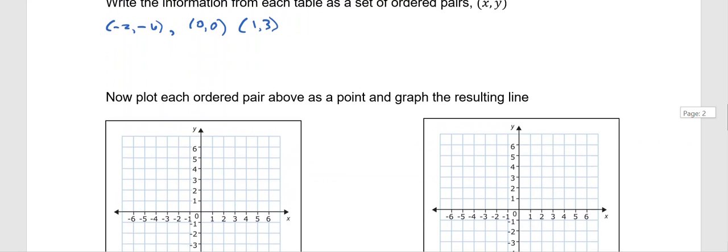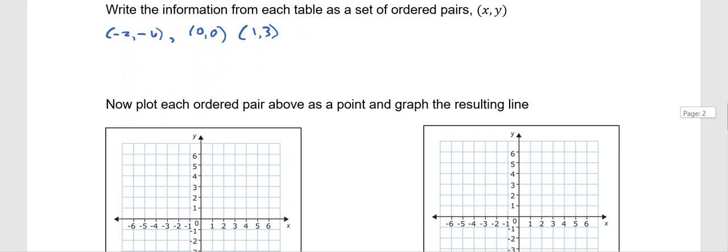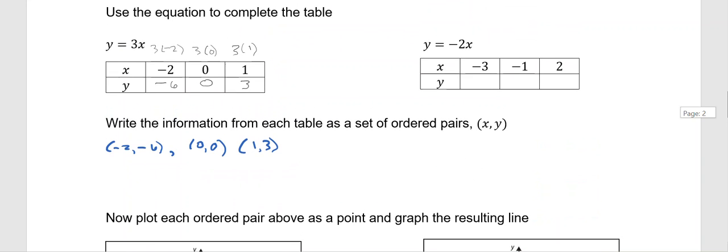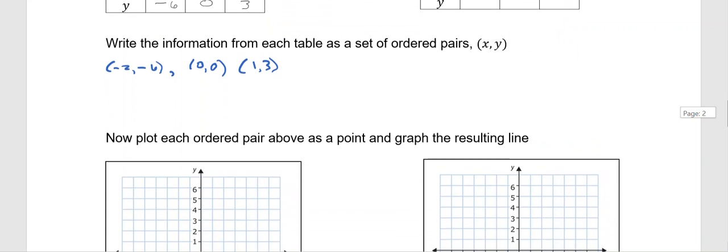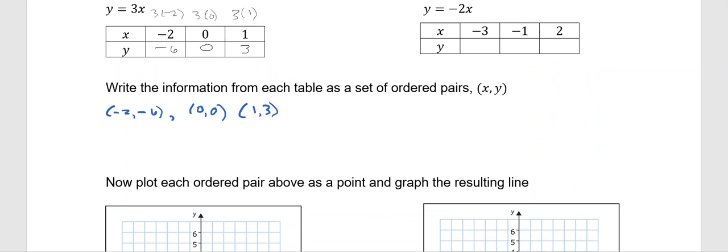From there, I should be able to plot my ordered pairs. So here, I'm going to plot the points -2, -6, 0, 0, and 1, 3. So don't forget, when you're plotting points, the -2 in this case is going to tell me to move left or right because it's moving along the x coordinate, the x-axis.